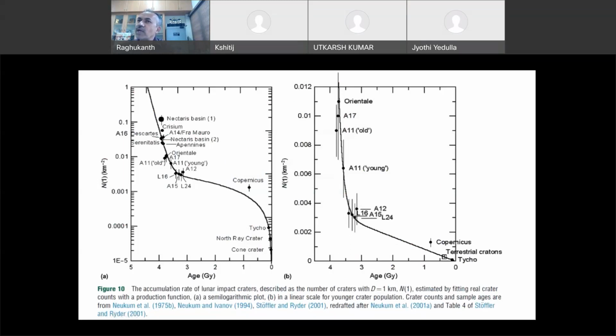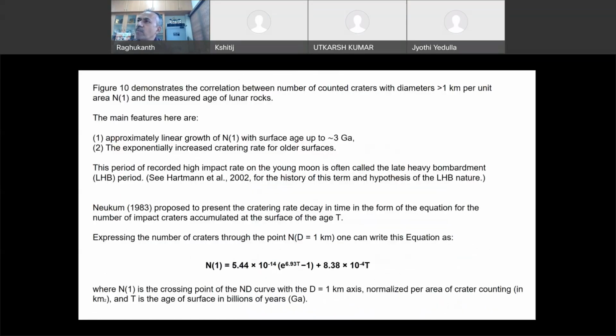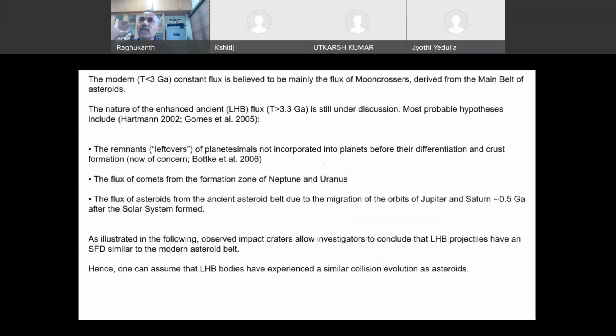So this is how we find out the geological ages of a region on a planet. It's very simple but very powerful, it works nicely in practice, and it has been nicely calibrated to the Moon itself.